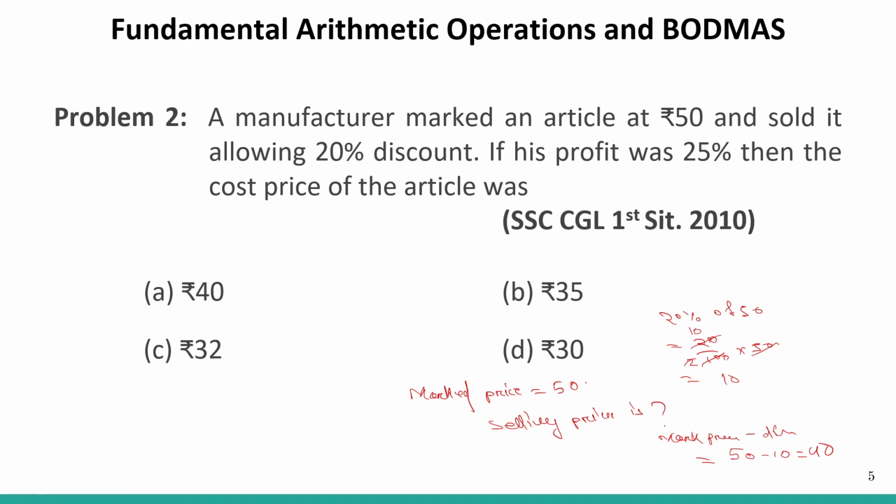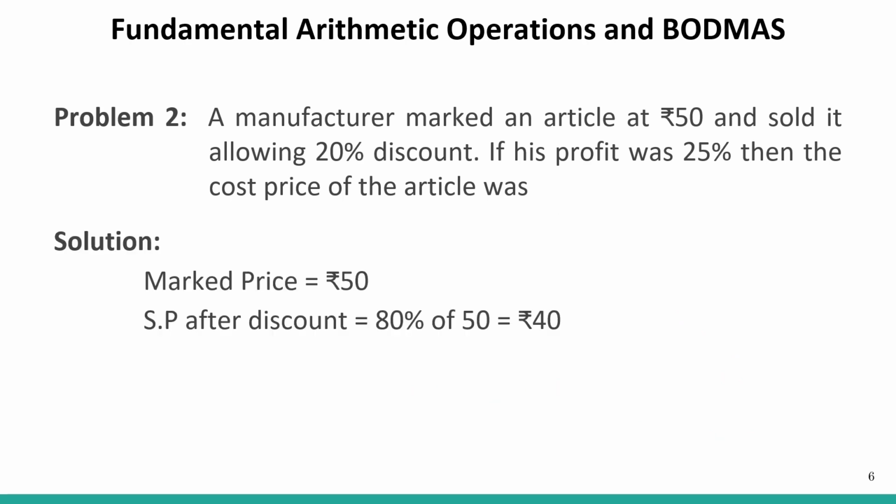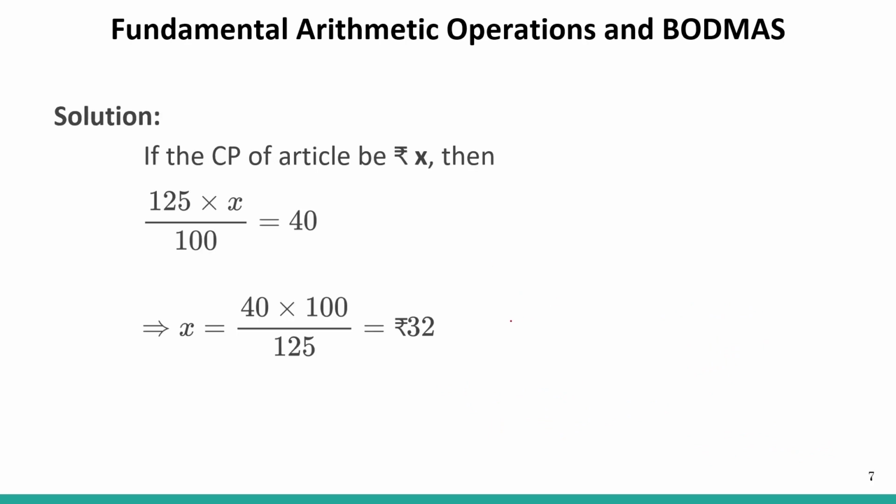It tells us that if his profit was 25%, then what was the cost price of the article? Given that the selling price after discount is 40, which we have already evaluated, let's consider the cost price to be x. Then 125x by 100 is equal to 40, where 125 is 100 plus 25.